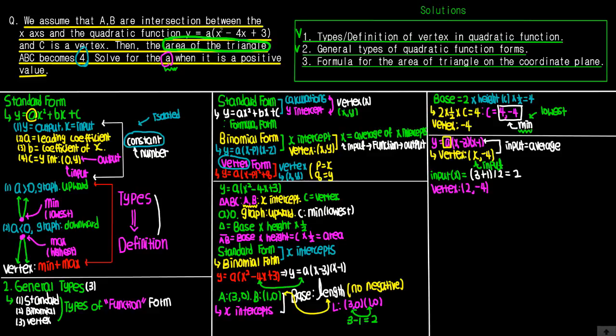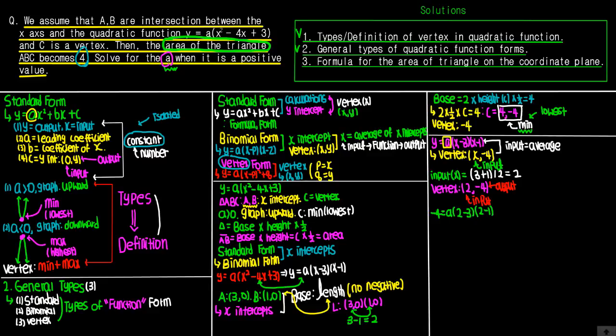So according to our strategy, where we input our vertex and isolate the a value, which is the leading coefficient, we input our x value as positive 2 and our output, y, as negative 4. So negative 4 is equal to a times (2 minus 3) times (2 minus 1).